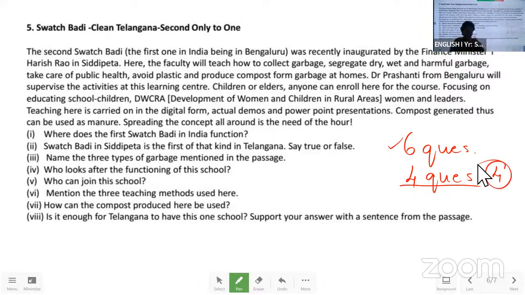You may think, why should we write 6? There are times when many children have attempted only 4 questions, and suppose, unfortunately, one answer is wrong, you stand to lose a mark. This is for the betterment of students that I'm saying how you can score more marks. Like I said, in the IP board, we do not penalize a child.